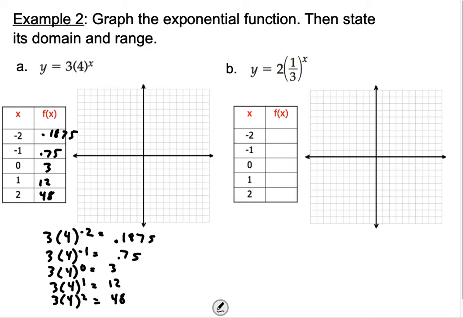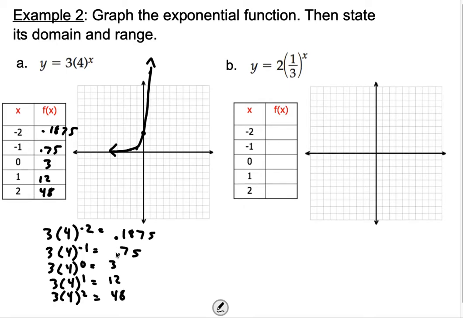So -2 and about 0.1875. -1 and 0.75. 0 and 3. 1 and 12. And then connect your points. All right, and then we'll come back and do the domain and range. Let's go ahead and graph the other one as well.